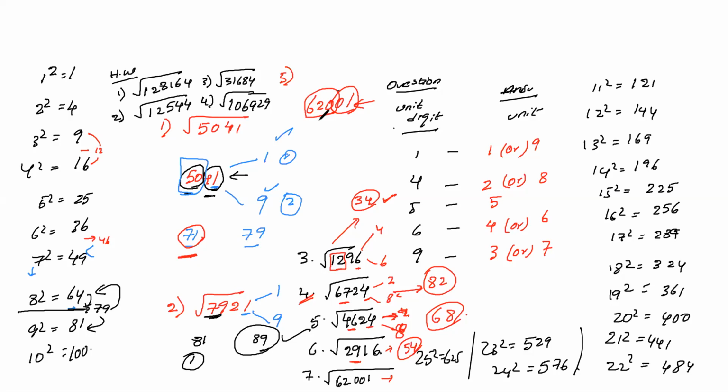So we have to consider 620. 620 is between 24 squared and 25 squared. So either the option will be 241 or 249. 249, sir. Yes, super, good. So it is 249. Good. Like this you can solve the sums.